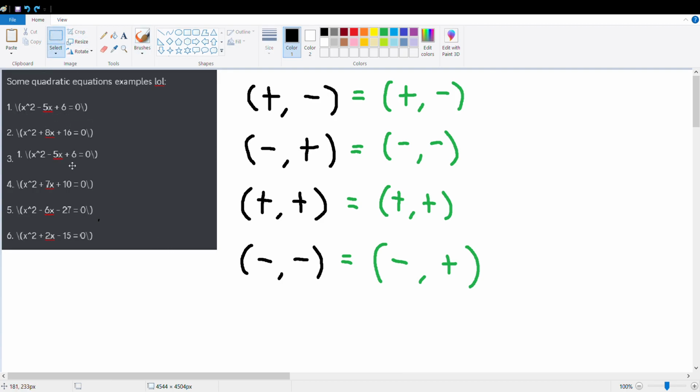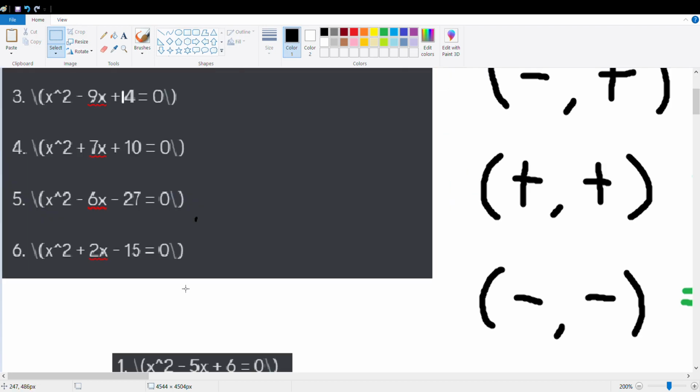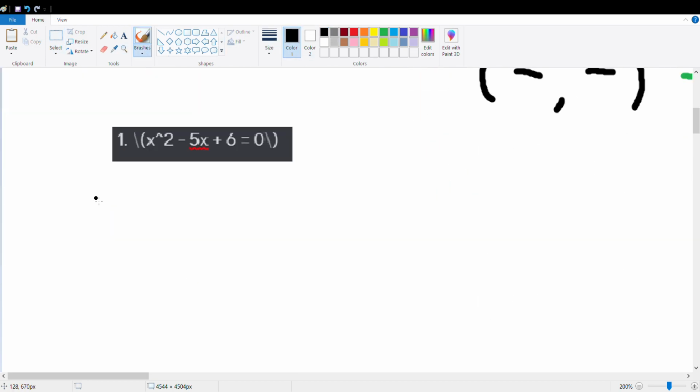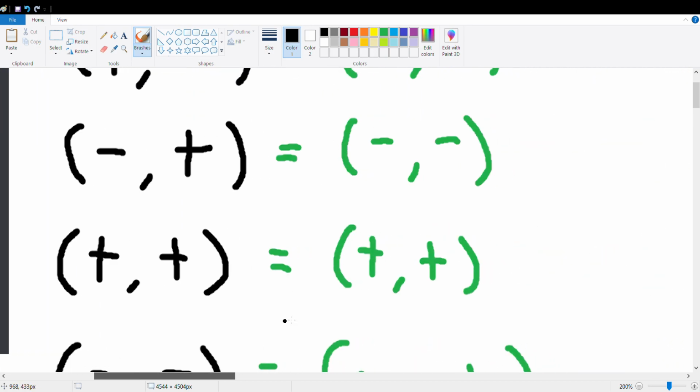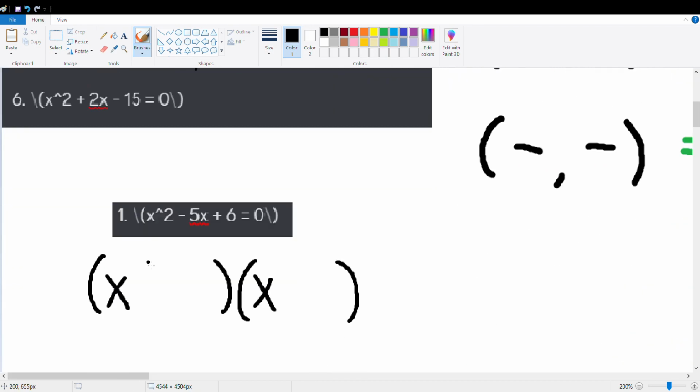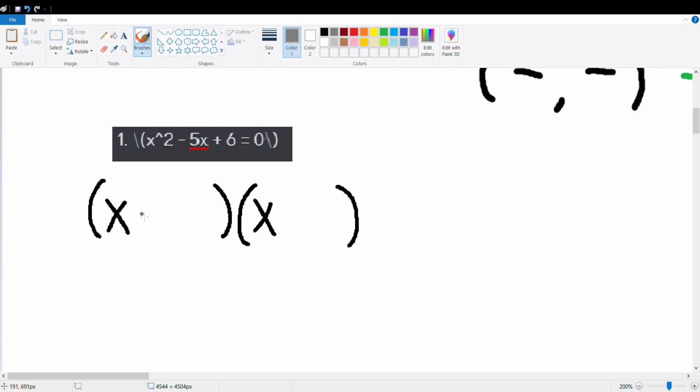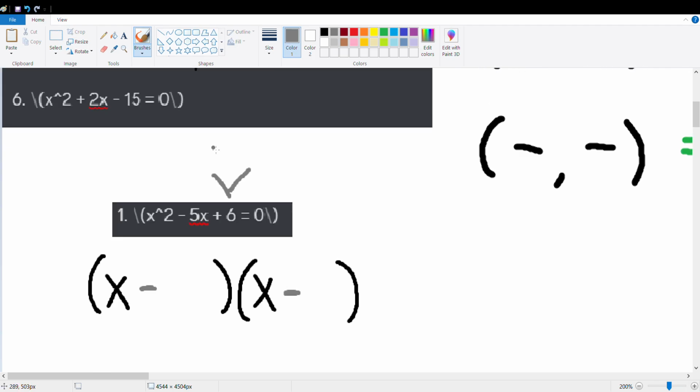So right off the bat, let's start by making the binomial, x, x. What this sign thing means is that I would be putting the negative here and negative here, so both numbers are negative. And for the 6 here, we're going to be using the factors of 6, which is 6 times 1 and 3 times 2.